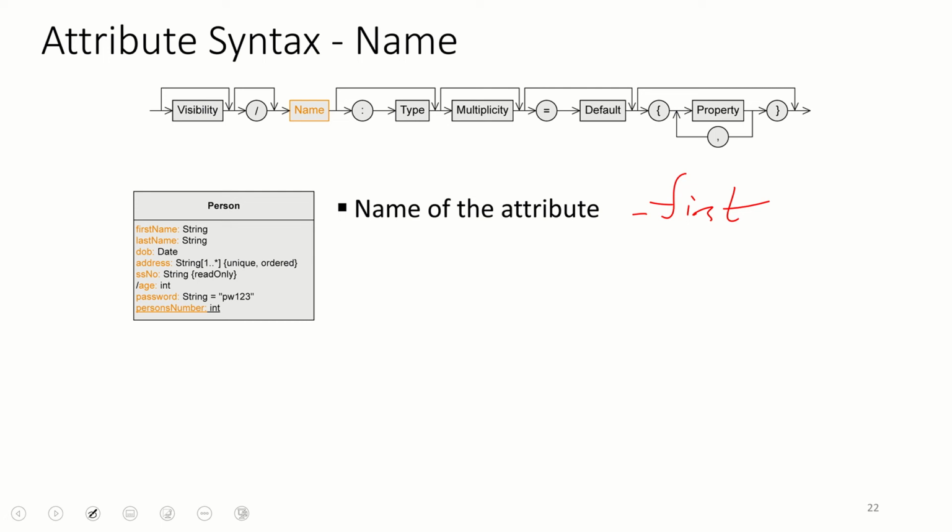So it confuses people. A good attribute name is very important, especially a meaningful name. On the other hand, you have to follow the naming rules. We cannot use reserved words, and we cannot use numbers at the start. All those things you have to consider to write your class diagram.